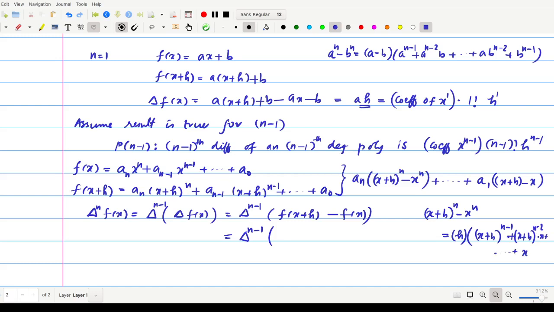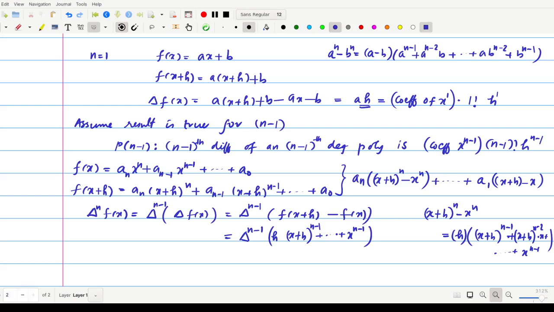The last term will be x raised to n minus 1. That's why we call this a polynomial of degree n minus 1. So we write this as delta n minus 1 of h times this polynomial. We know that this is a polynomial of degree n minus 1, that is x plus h whole raised to n minus 1 plus etcetera plus x raised to n minus 1. So this is the polynomial.